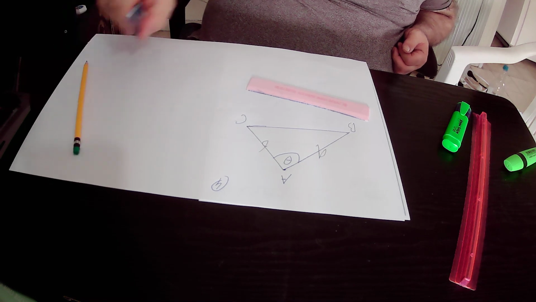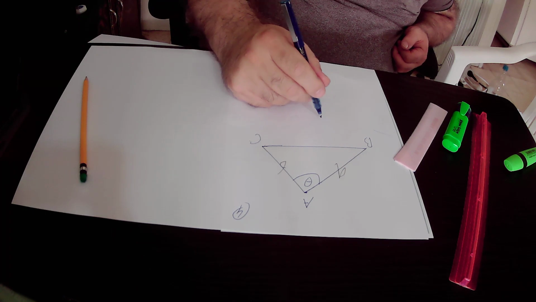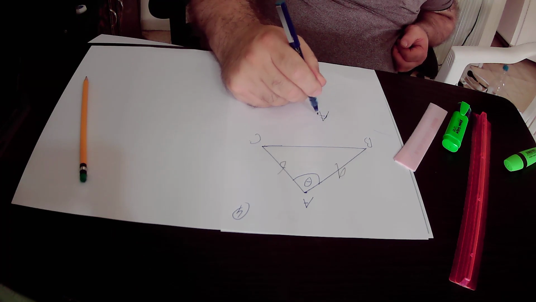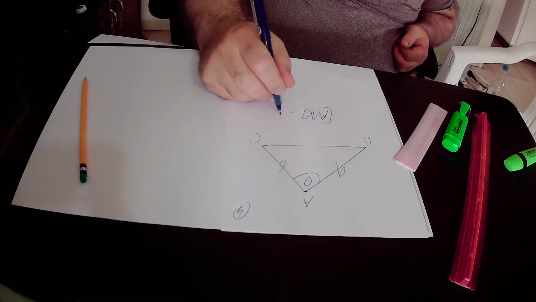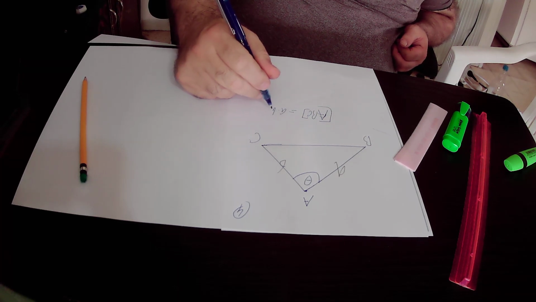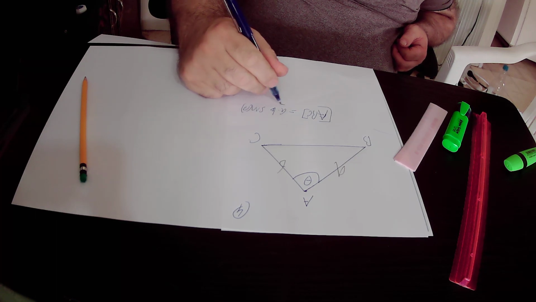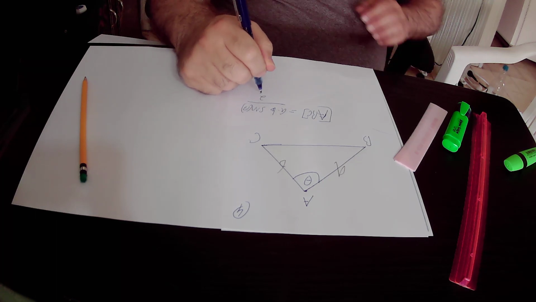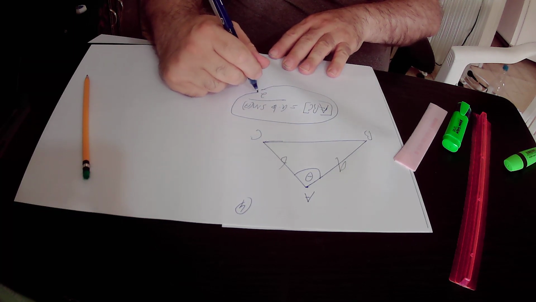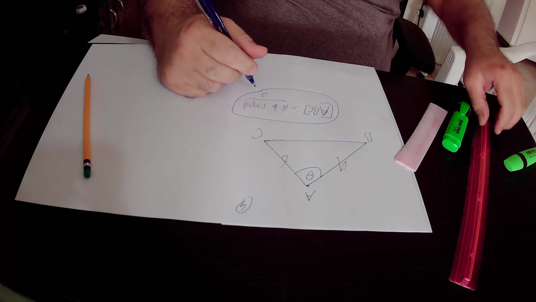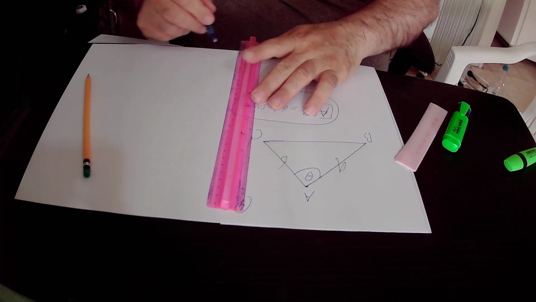Then the area of this triangle ABC is equal to a times b times sine theta over 2. We'll use this new formula in our drawing.